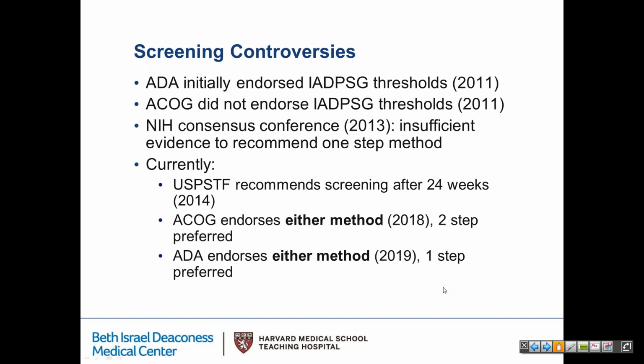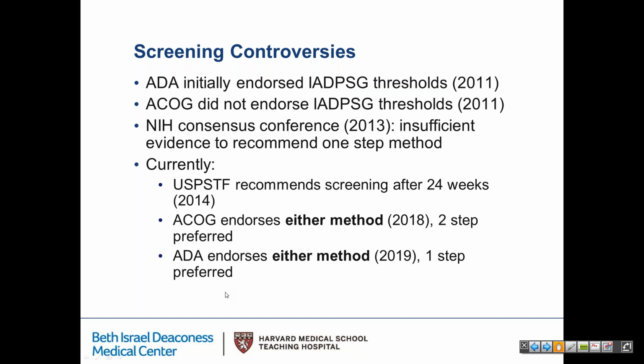So what I should close by saying in terms of screening controversies is what both groups say is institutions and groups, healthcare facilities should choose a standard and stick to it. So they should choose one threshold.